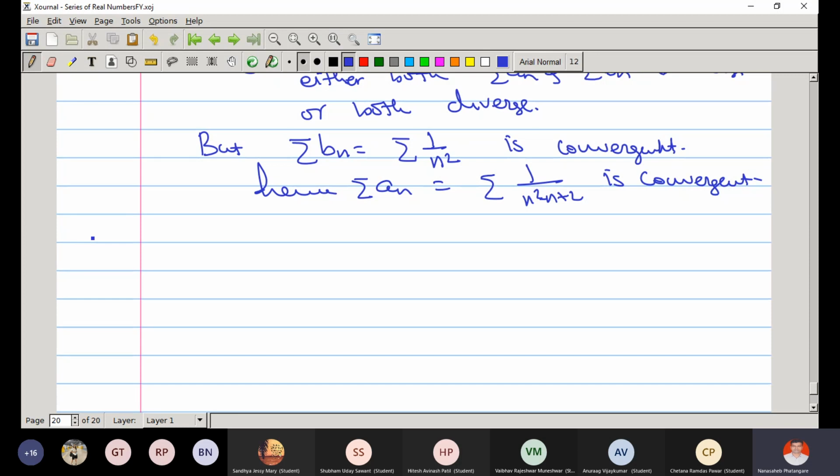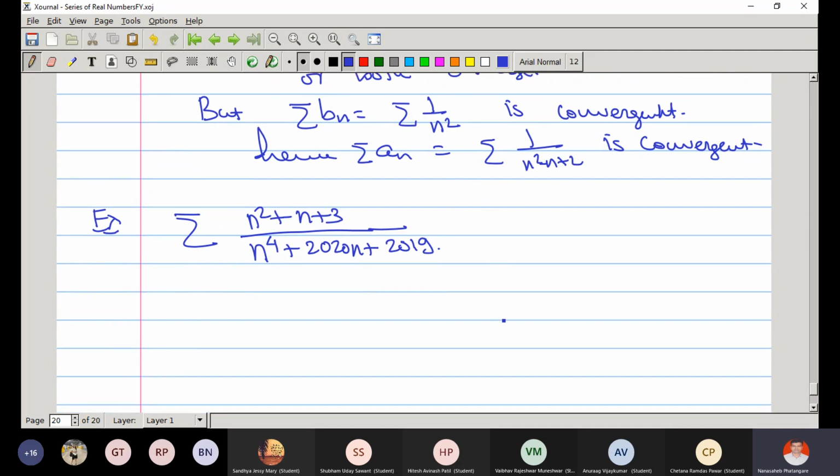For example, look at the series n square plus n plus 3 divided by n raised to 4 plus 2020 n plus 2019. Now what can you say about the convergence of this series?